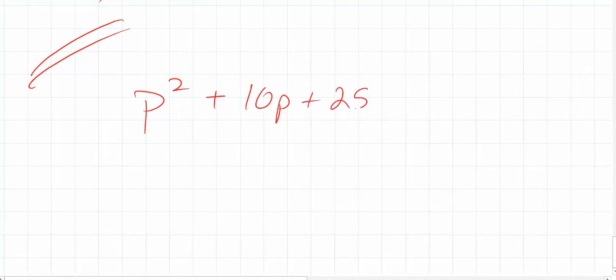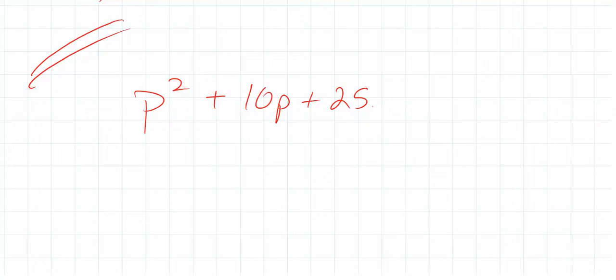Can someone tell me what's really nice about this one? What's the nicest thing about that trinomial, Milo? It does have a number, but what is it? It's 1. The leading coefficient is 1, exactly. When the leading coefficient is 1, you're like, yes! Because either it'll be nicely factorable or it'll be prime.